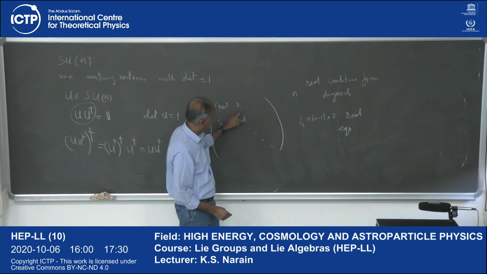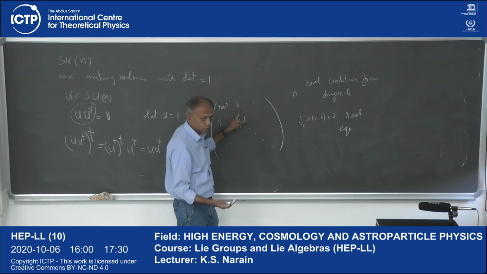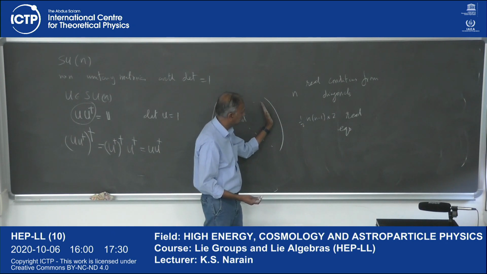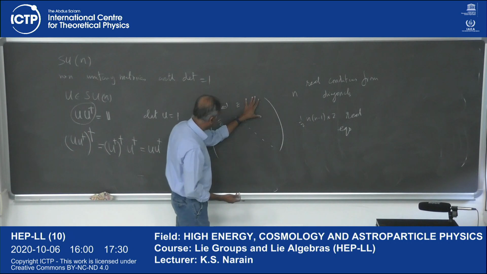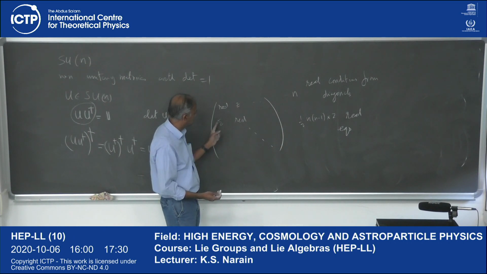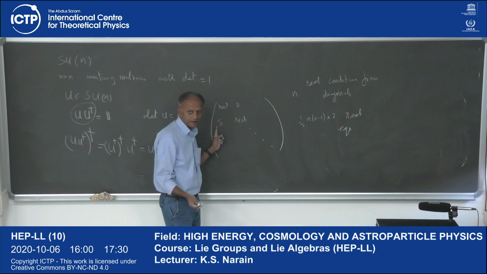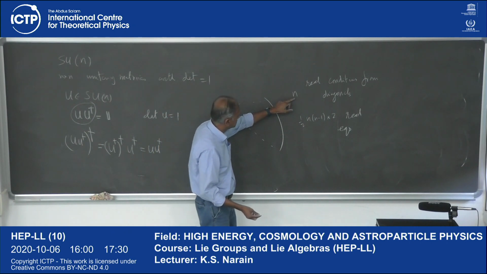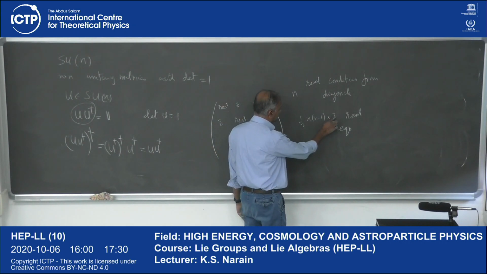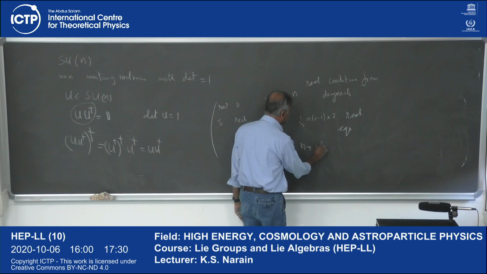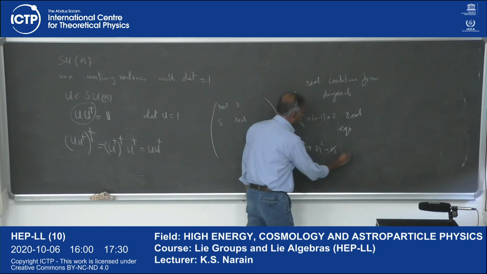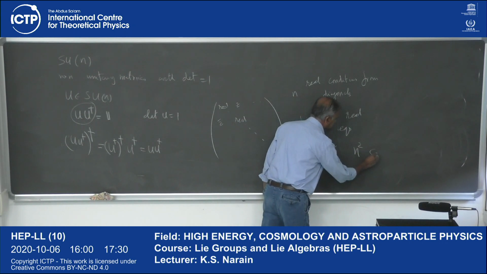These are complex equations, and each complex equation is equivalent to 2 real equations. Once I have satisfied this, the lower ones are automatically satisfied, because if I set z equal to 0, then z bar is also 0. The total number of equations is n plus n times n minus 1, which is n squared minus n plus n, so you get n squared conditions.